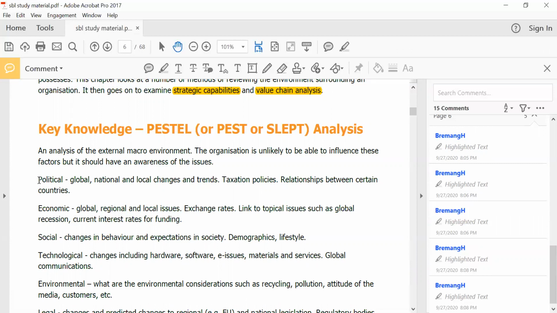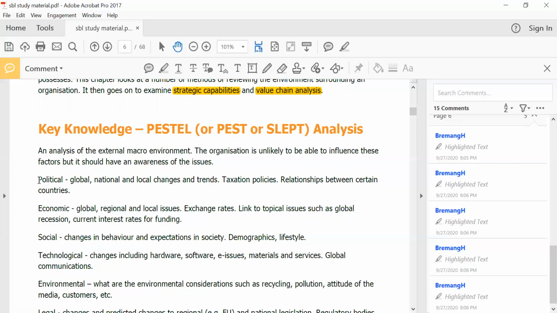Issues like taxation policies, relationships between certain countries. As an organization, there can be political factors where you are competing with global industries, national industries, local industries, and the certain trends that happen in the political terrain.